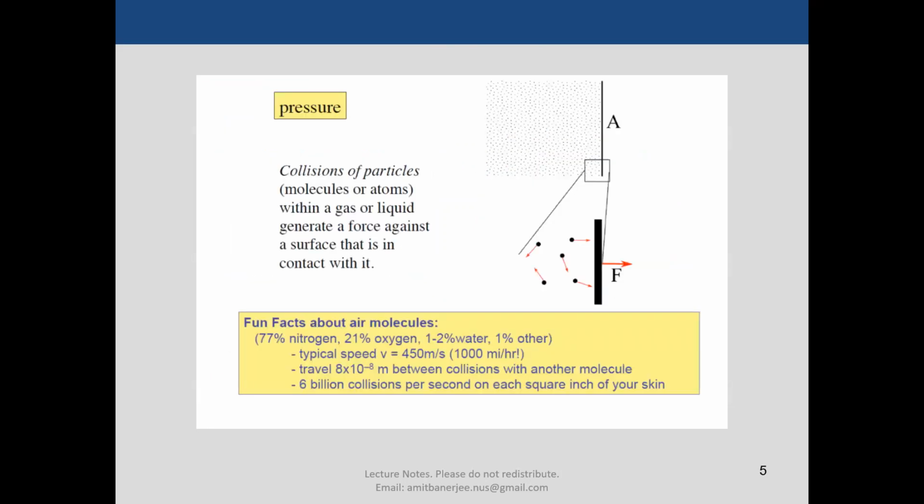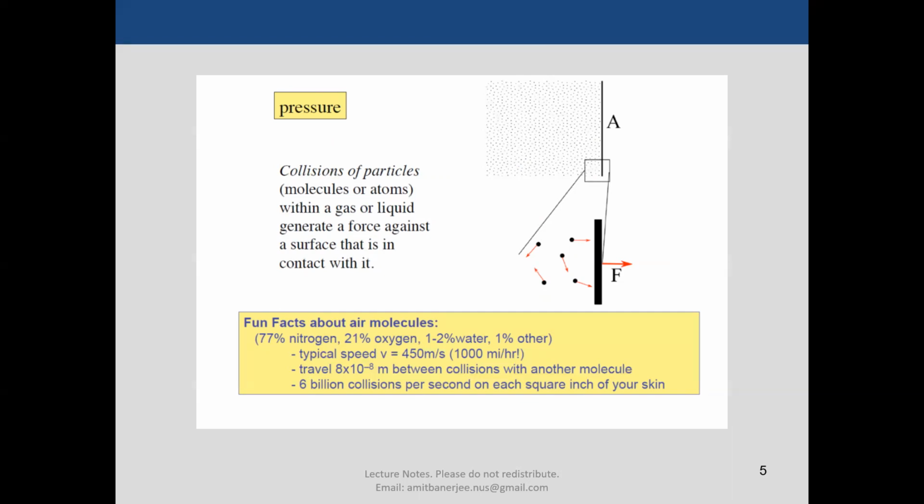Now, pressure is another concept that we need to understand before we get into this course. Pressure is largely generated because of collisions of particles, molecules or atoms within a gas or liquid, which generate a force against the surface that is in contact with it.